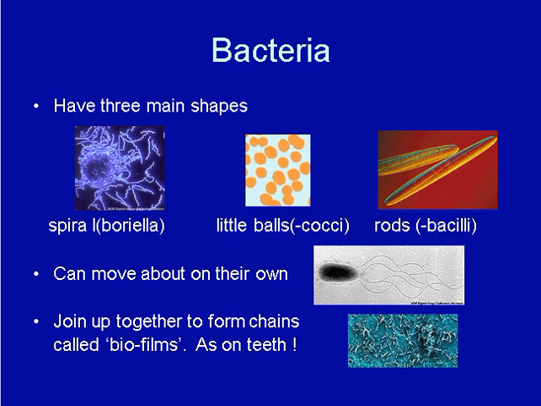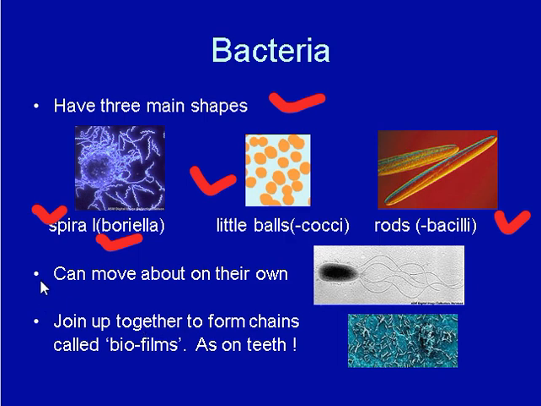Bacteria, you see. Bacteria have three main shapes: spira, lovely little balls, rods. The spira, Borrelia you can say, little balls, cocci, and rod shape, bacilli.